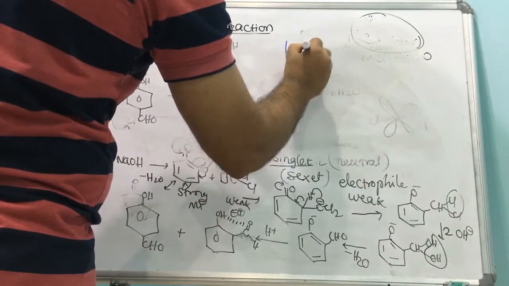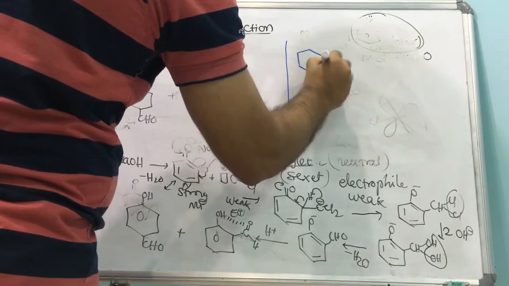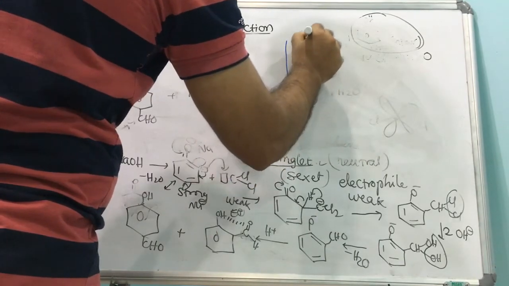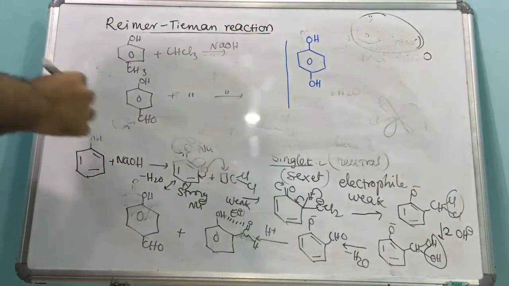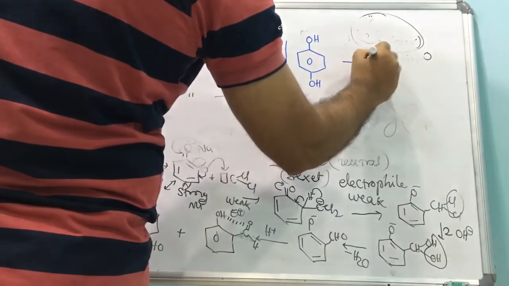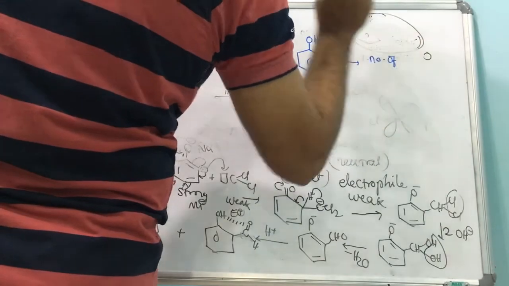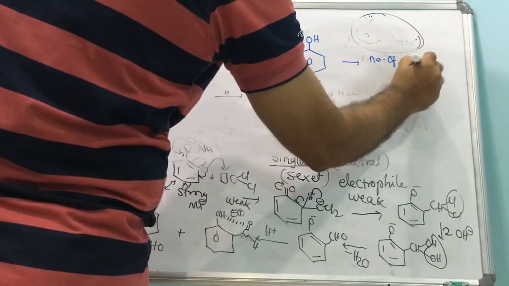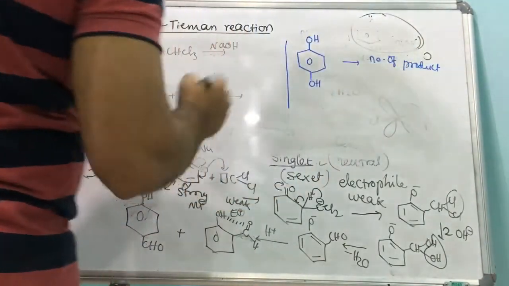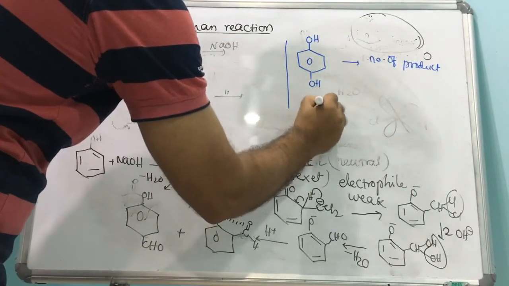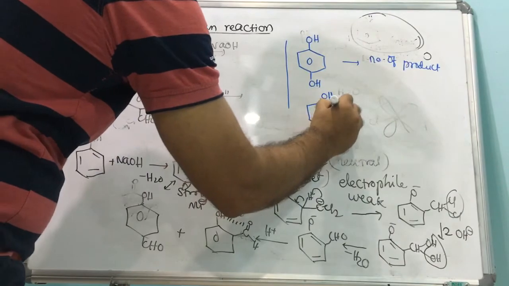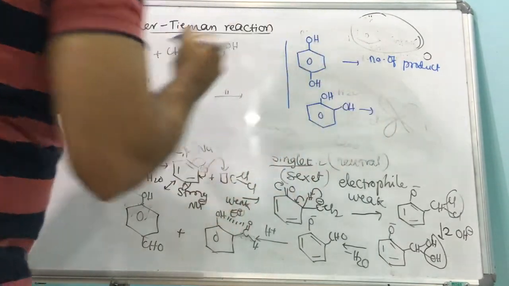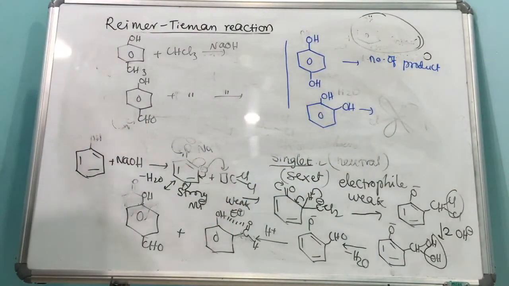Next, now the question is: if I write like this, how many products form? Number of products. And one more thing: OH and OH here, also how many products form, that we have to write.